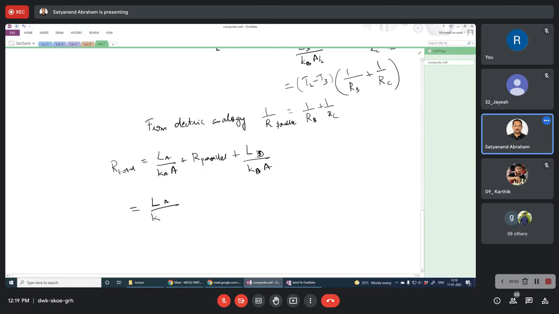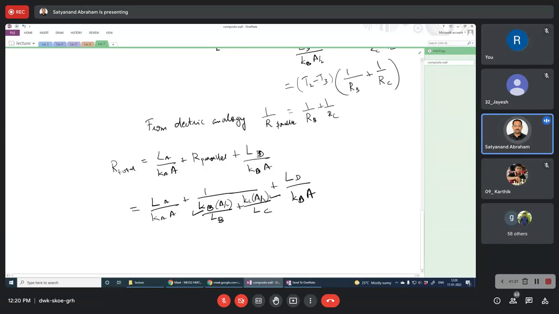So that is equal to LA by KA into A plus 1 by [KB into A by 2 divided by LB, plus KC into A by 2 divided by LC], plus LD by KD into A. This is 1 by RB, and this is 1 by RC.